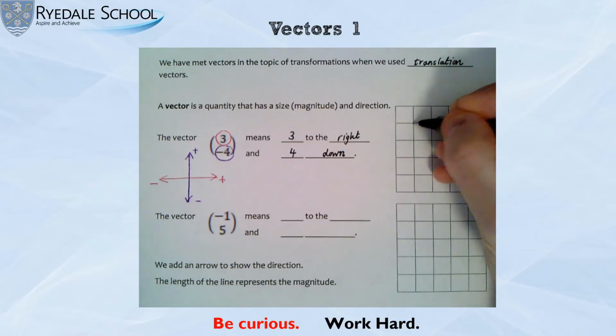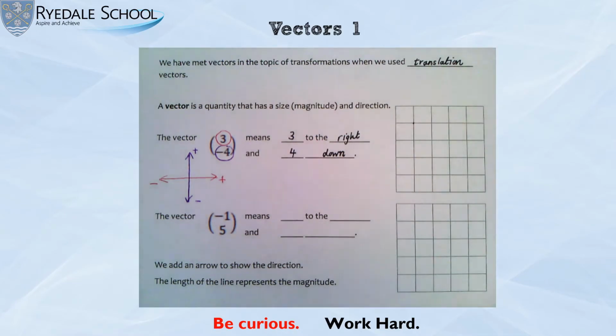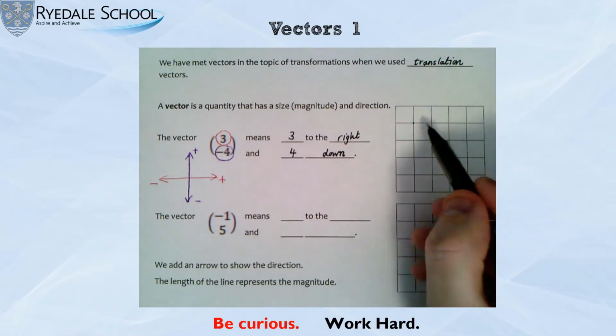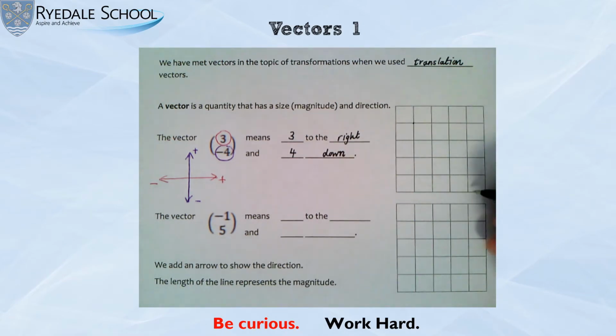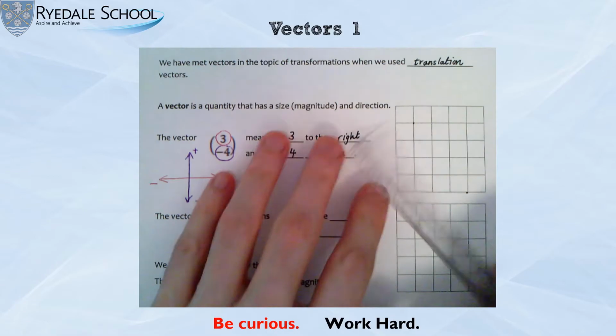So I'm going to pick there. I'm going to do it in pen, but you should probably do this in pencil. I'm going to go 3 to the right from my starting point and 4 down. I then just join that up with a ruler.